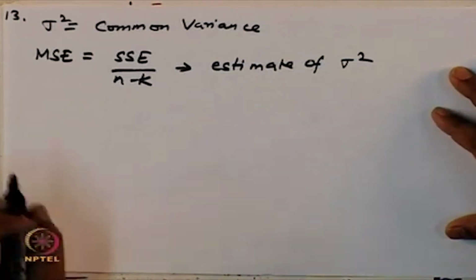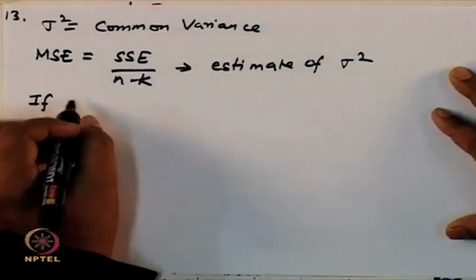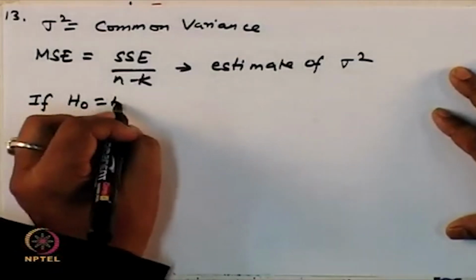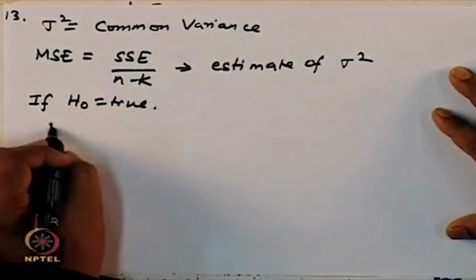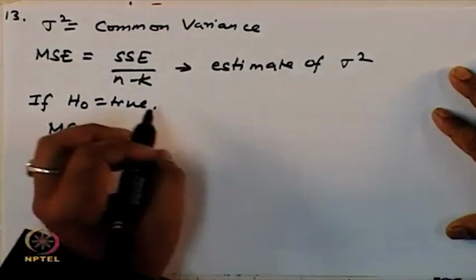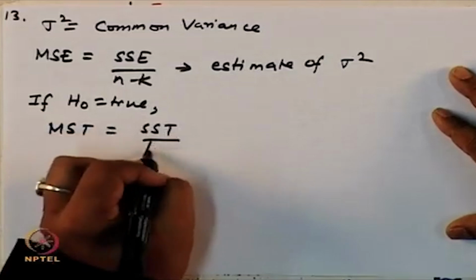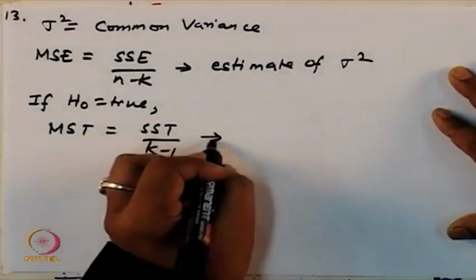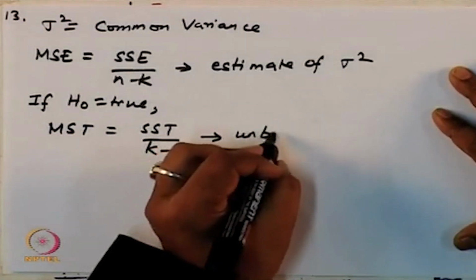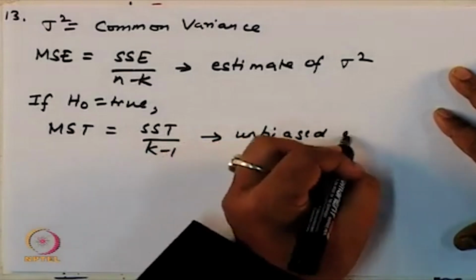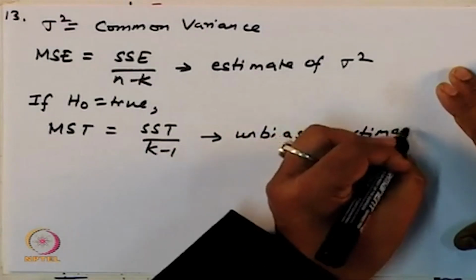And if your H naught was true, then your MST, which is SST by k minus 1, should give you an unbiased estimate of sigma square.